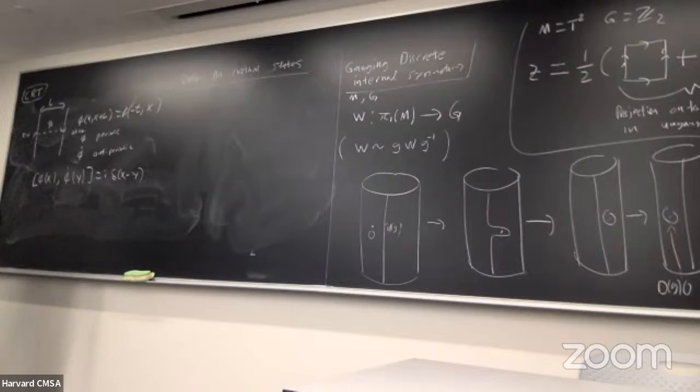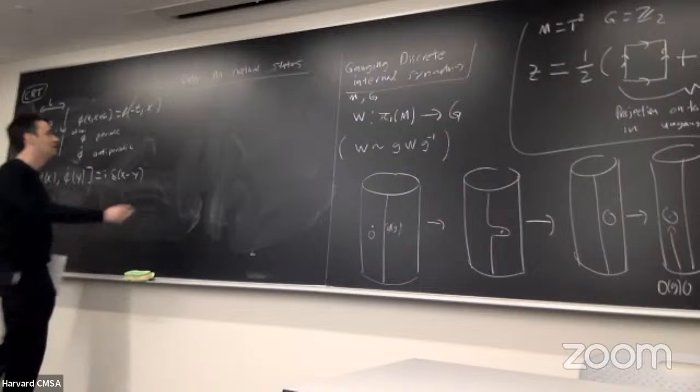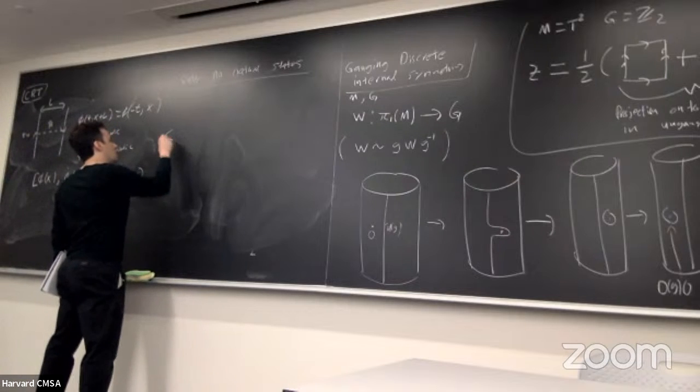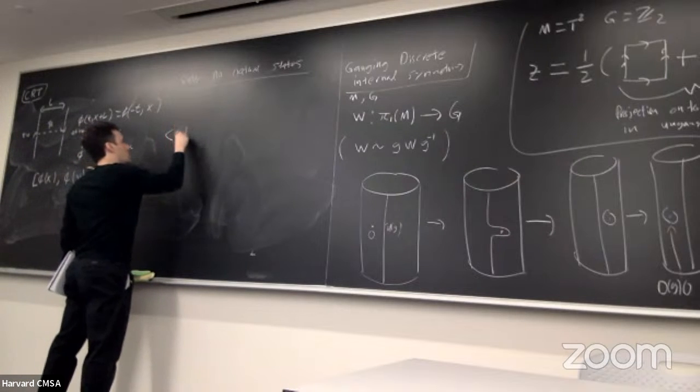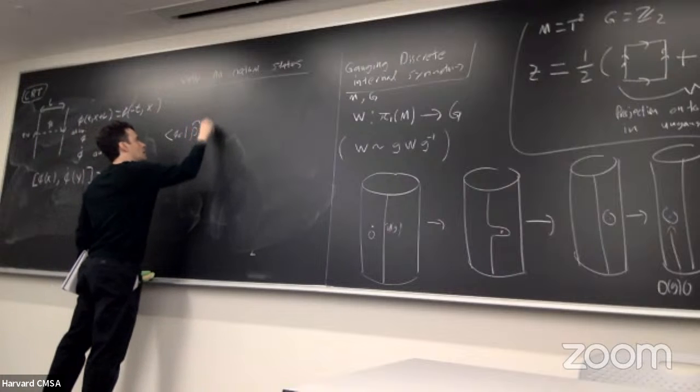Here, it's even worse. So let's try to use the Euclidean path integral to define a state and see what we get. Right? So say I want to define some state that I'll call rho hat.